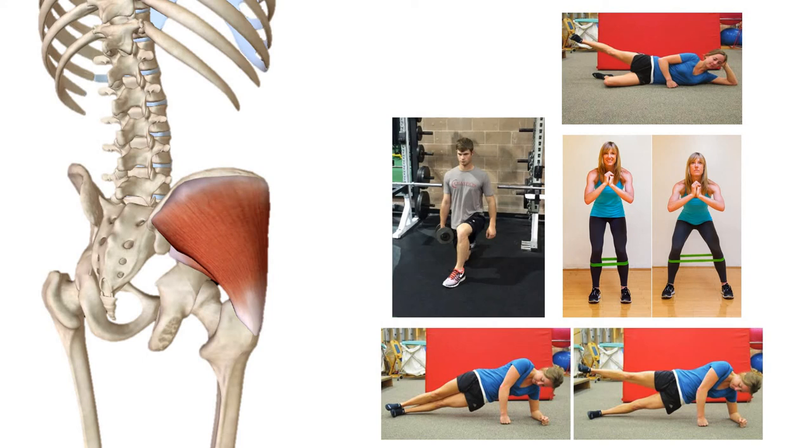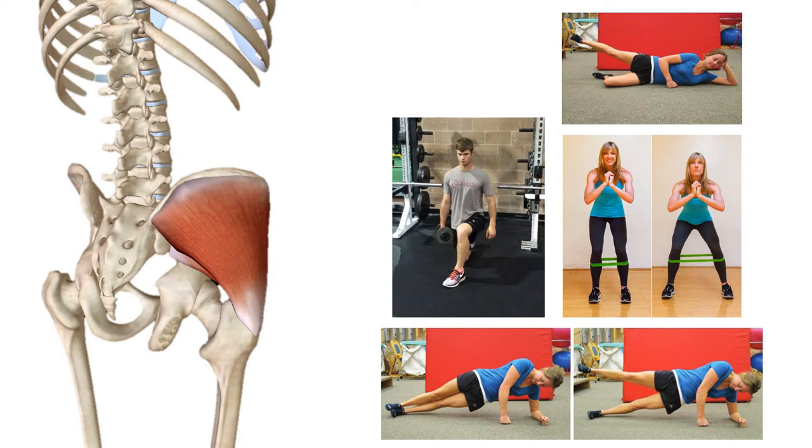If you were to view the gluteus maximus posteriorly, the superior fibres of the muscle are involved in abduction, moving the leg away from the midline, and the lower fibres, the inferior fibres, are involved with adduction. It's a very complex phenomenon to try and describe, but we'll just focus on the gluteus medius for now.